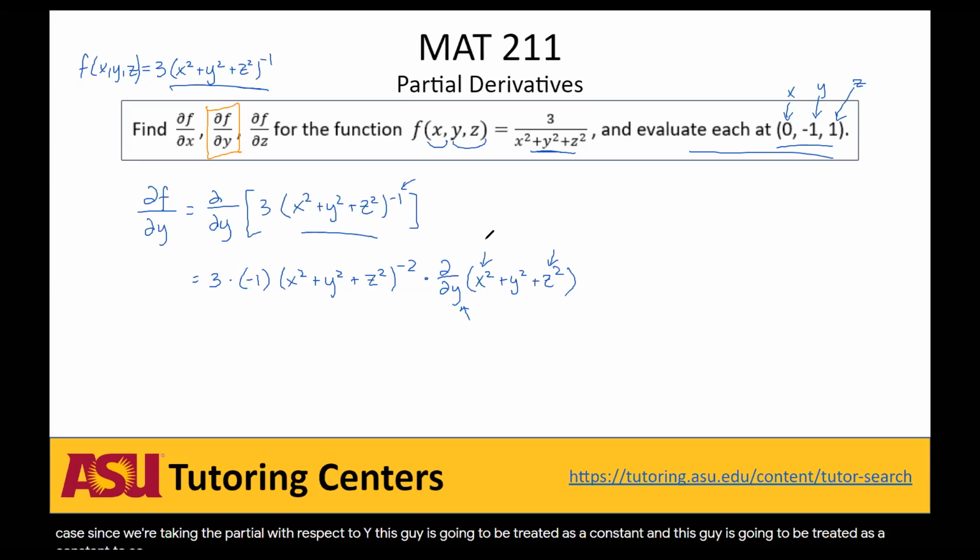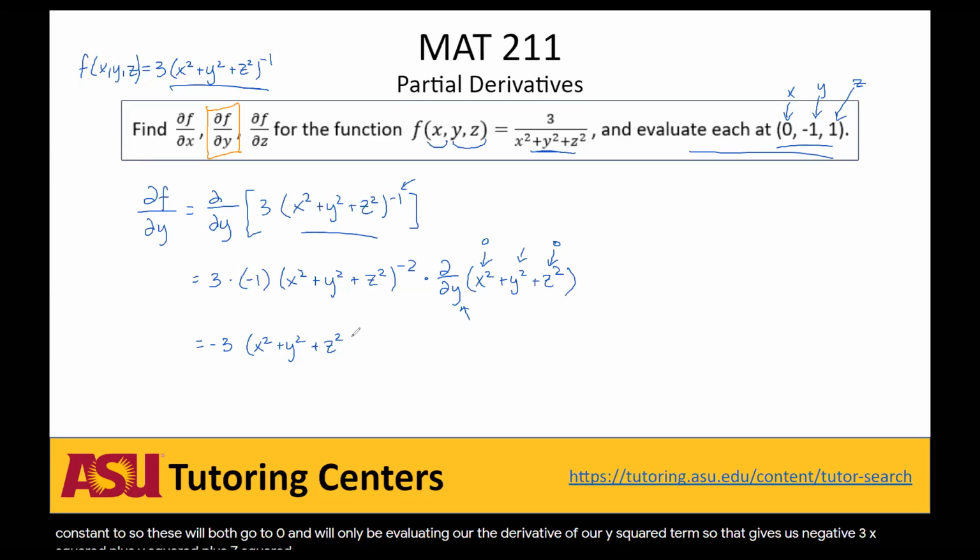So these will both go to 0, and we'll only be evaluating the derivative of our y squared term. So that gives us -3, x squared plus y squared plus z squared to the -2nd power times the derivative of y squared, which is 2y.